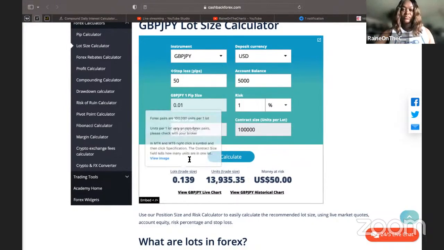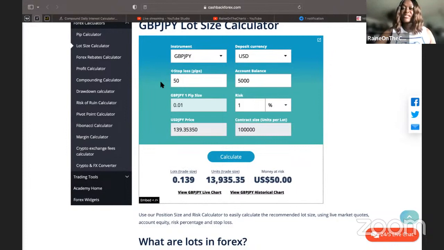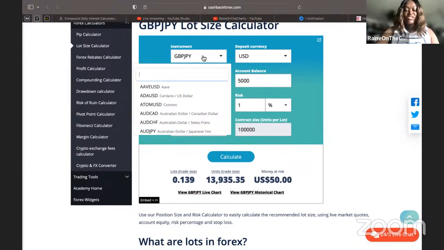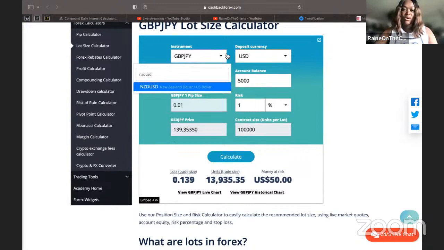So the next thing I will say in terms of using the lot size calculator is every time you're going to take a trade, you want to calculate. You don't want to have a lot size based on GBP JPY, and then be taking NZD USD, and just use the same lot size. One size does not fit all.